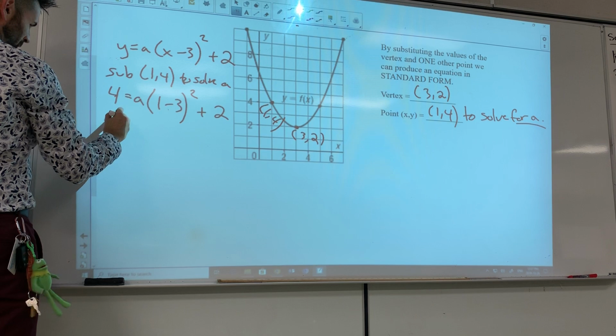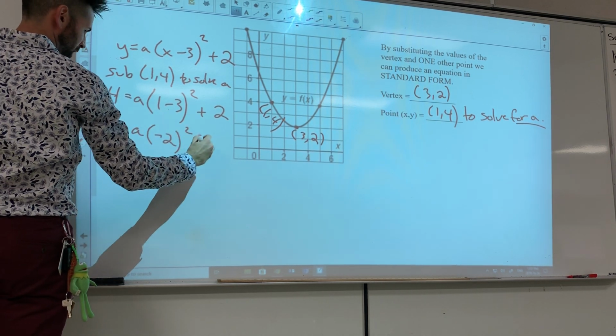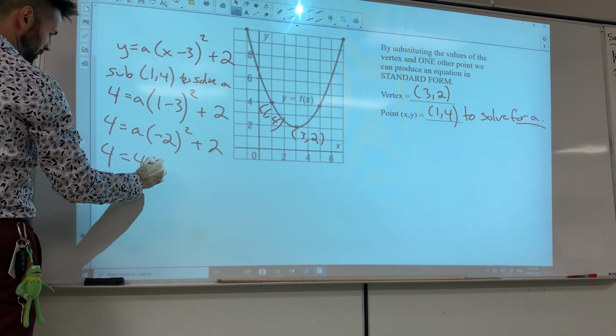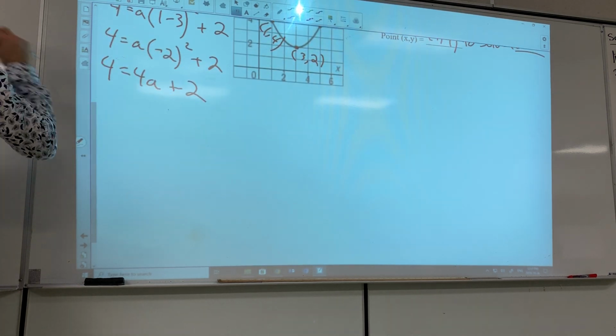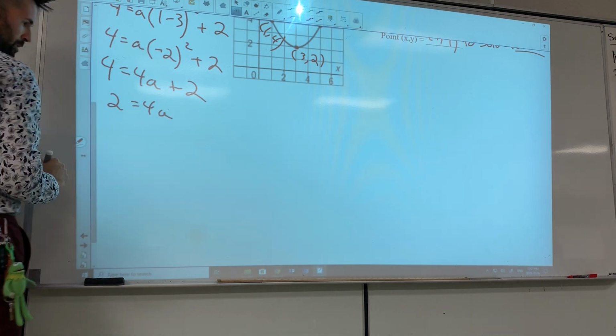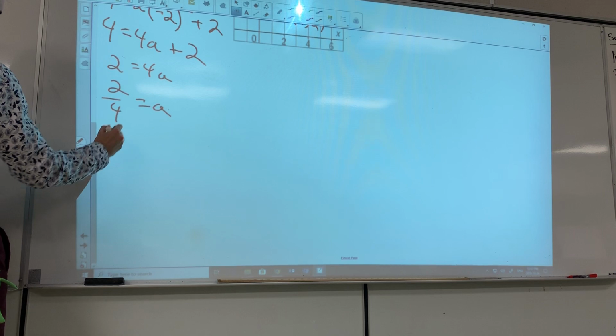So 4 equals a, and in the brackets I get negative 2 squared plus 2. That's 4a, so 4 equals 4a plus 2. Subtract 2 from both sides: 2 equals 4a. Divide both sides by 4: 2 over 4 equals a. Please reduce the fraction if you can.